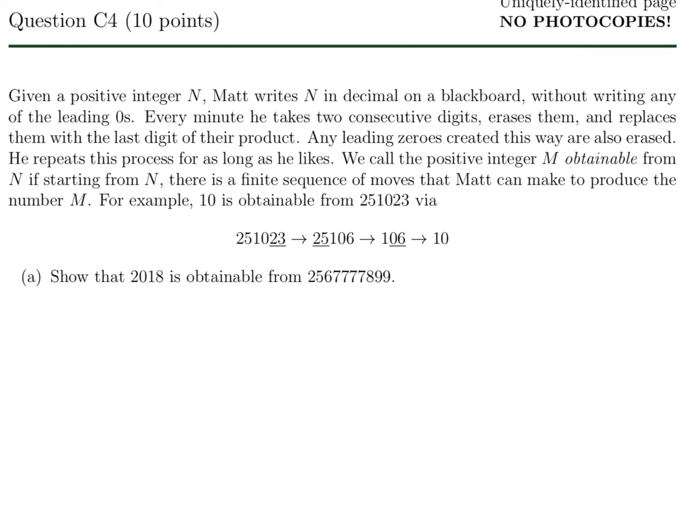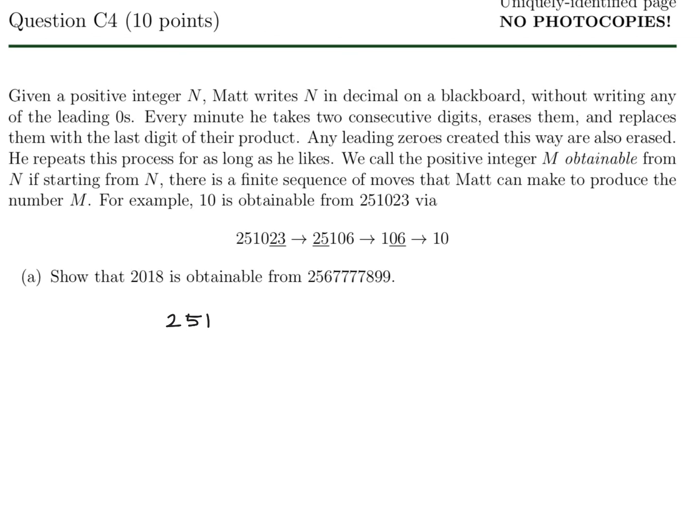We call the positive integer m obtainable from n if, starting from n, there is a finite sequence of moves that Matt can make to produce the number m. For example, 10 is obtainable from 251023 via this process. Show that 2018 is obtainable from 25677777899. Okay, so first let's explain this.